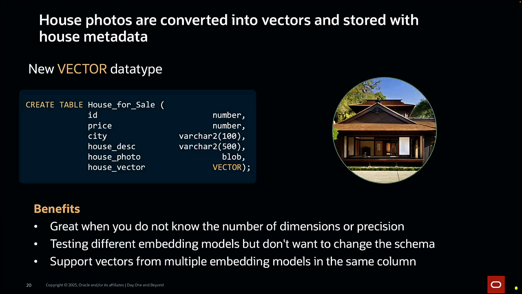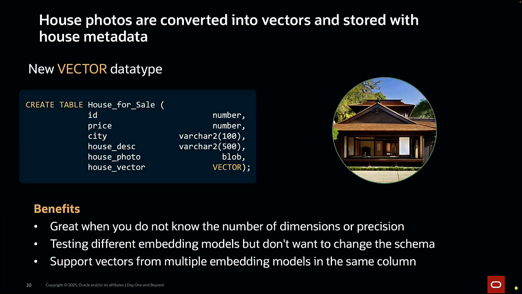I have a price associated with the houses for sale. I have a city listed, I have a brief description of what my house looks like or what the details of the house for sale are. I happen to store the image of it. It doesn't need to be stored, but I can. But most importantly, I've got this column called vector, right?